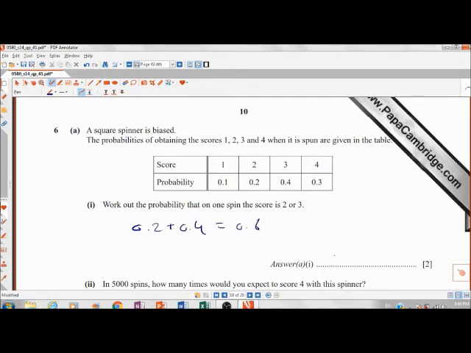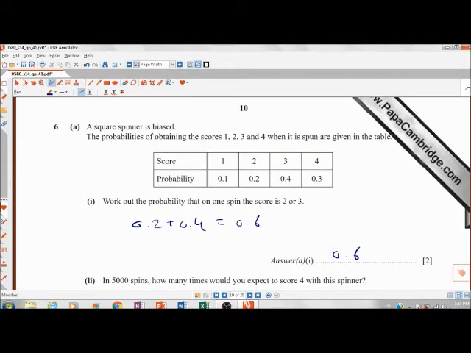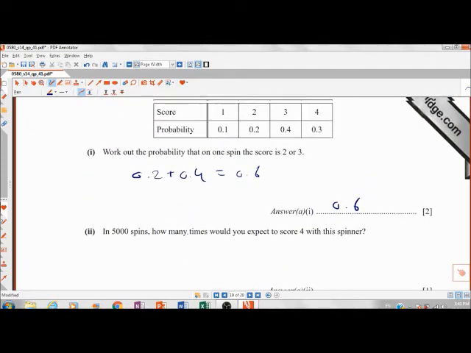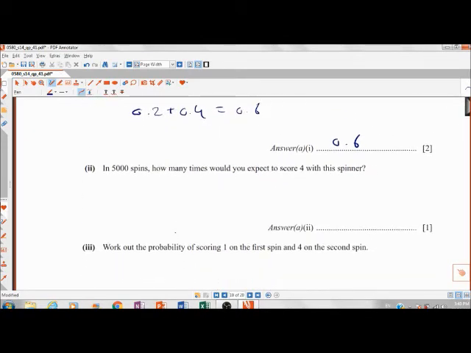You get 0.6, that's the answer. In 5,000 spins, how many times would you expect to score 4 with this spinner? The probability of 4 is 0.3, so 5,000 times 0.3. Yeah, 1,500.